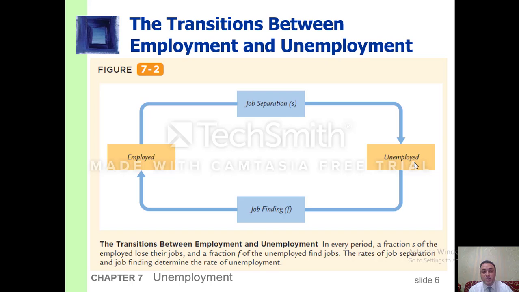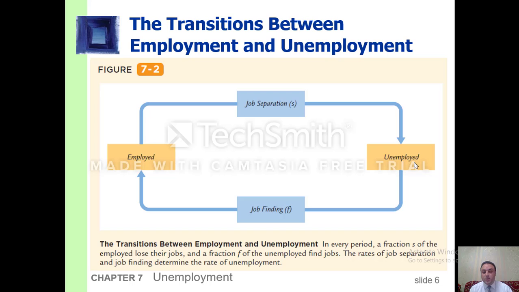We can see here from this chart the transitions between employment and unemployment. In every period, a fraction of the employed people lose their jobs, denoted here by s for job separation. These are people who leave or lose their job, and this leads to unemployment.